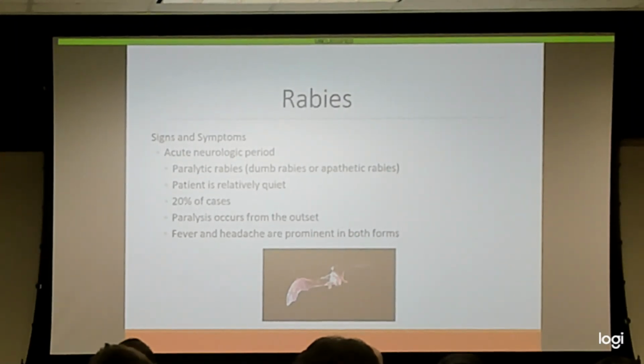So you may see a lame animal in the street that's kind of cowering in a corner or standing somewhere and it's just not moving, but it's drooling at the mouth. It's probably because it has dumb rabies. It's not wanting to move, or it'll just keel over and lay on its side and not do anything. But the mouth is foaming.